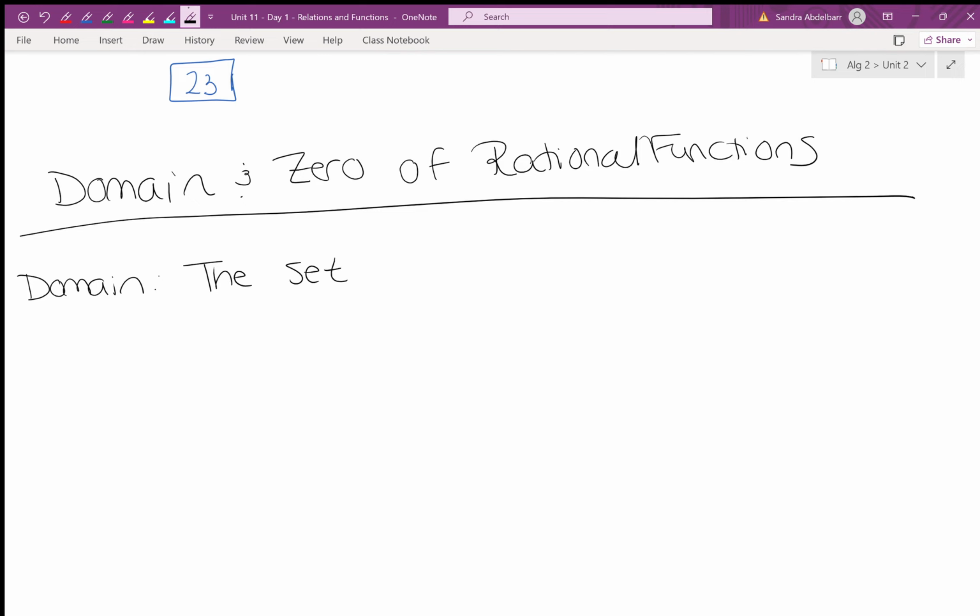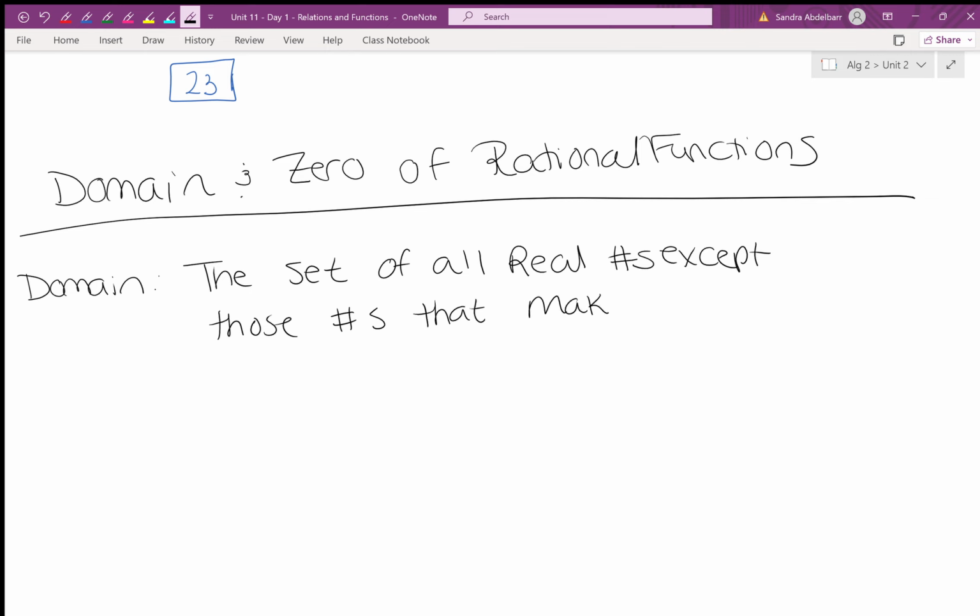Domain is the set of all real numbers except those numbers that make the denominator equal to 0.